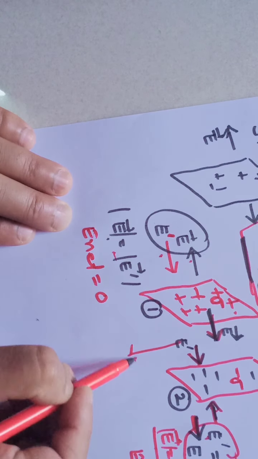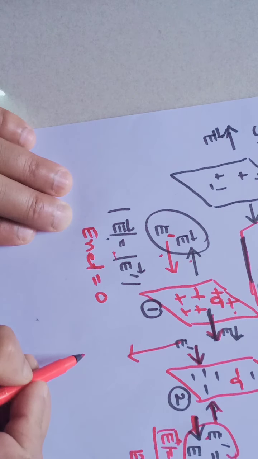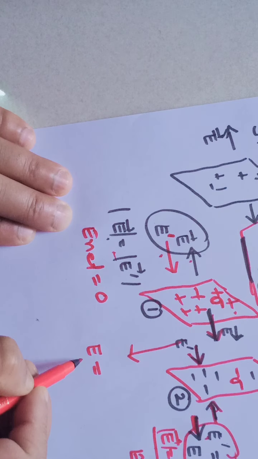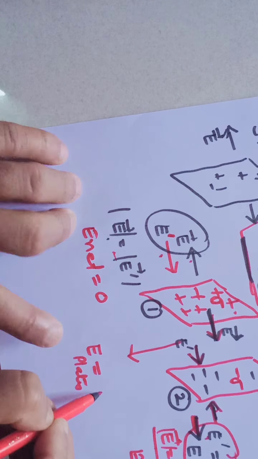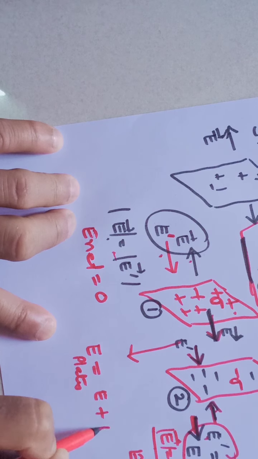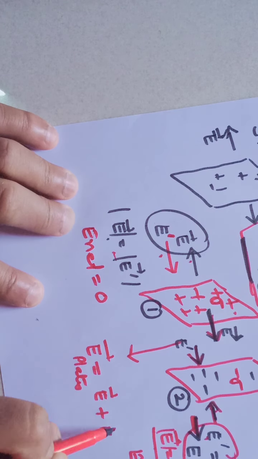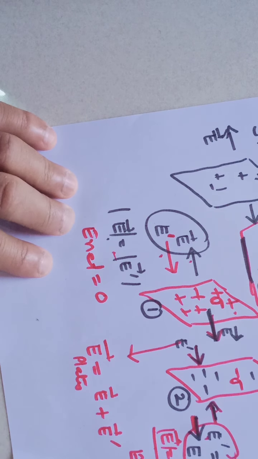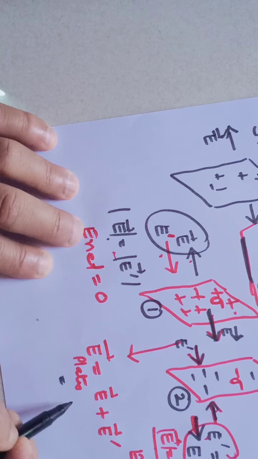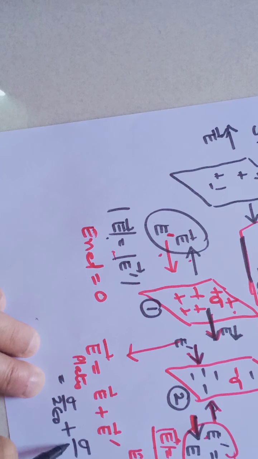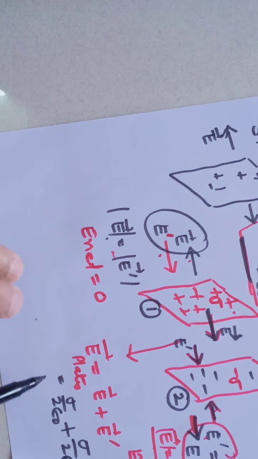But in between the two plates, the field between plates will be E plus E dash. Now the values are equal and they will be added. So sigma upon 2 epsilon naught plus sigma upon 2 epsilon naught comes out to be sigma upon epsilon naught.